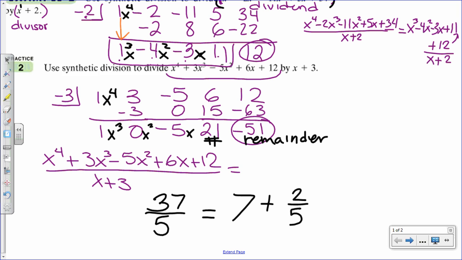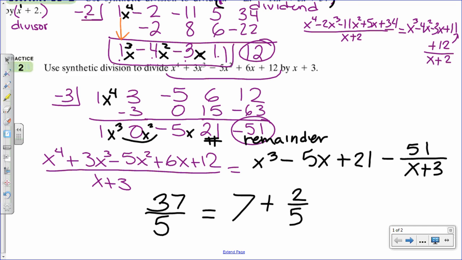So the answer will be 1x cubed, no x squared because that coefficient is 0, and then minus 5x plus 21, and then minus 51 as the remainder, but we still need to write it with the divisor under as a fraction. Okay, I'm going to go to the next slide, guys.